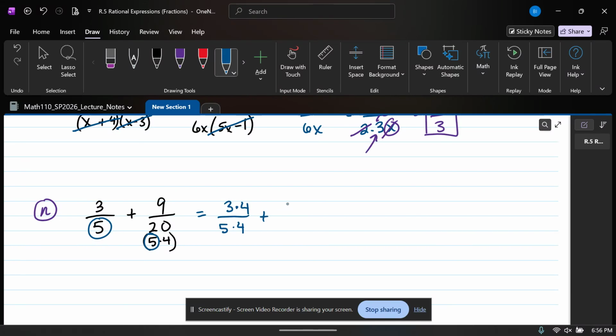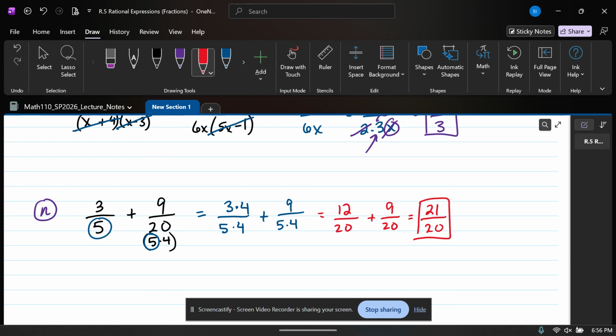The second fraction already had the 5 and the 4. It doesn't need anything. It's got everybody. So now I've got 12 over 20 plus 9 over 20, which is 21 over 20.